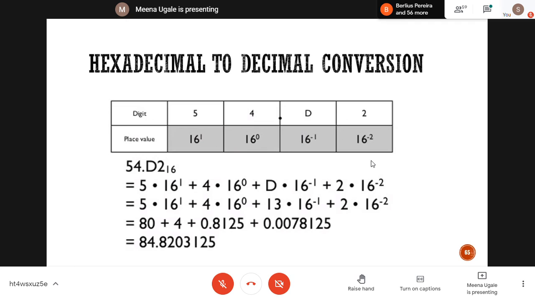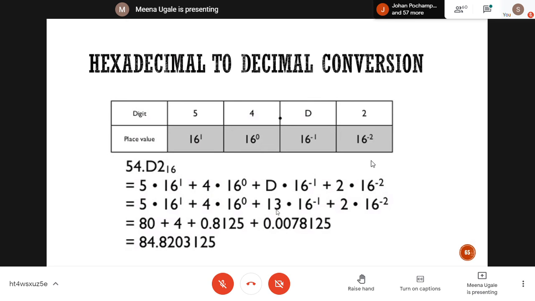Now, if you have a fraction number, this is the example. I have number 54.D2. What will you do? 54 is the integer part. Go for 16 raised to 0, 16 raised to 1 onwards. And for the right hand side of the decimal point, multiply it with 16 raised to minus 1, 16 raised to minus 2 onwards, and then add it up.